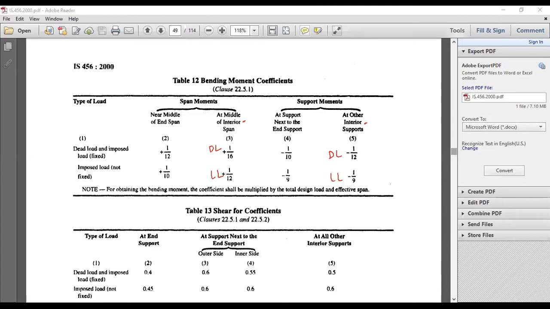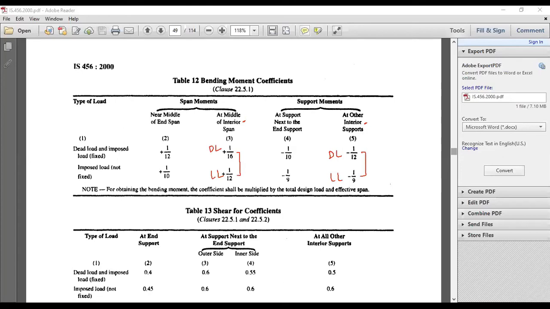You don't need to remember, just see over here carefully, so that we are going to use that in our slide where the formula is given. These two are the coefficients, plus 1 by 16 and 1 by 12, for dead load and live load for the middle of interior span. And for the interior support, these two are the coefficients for dead load and live load.